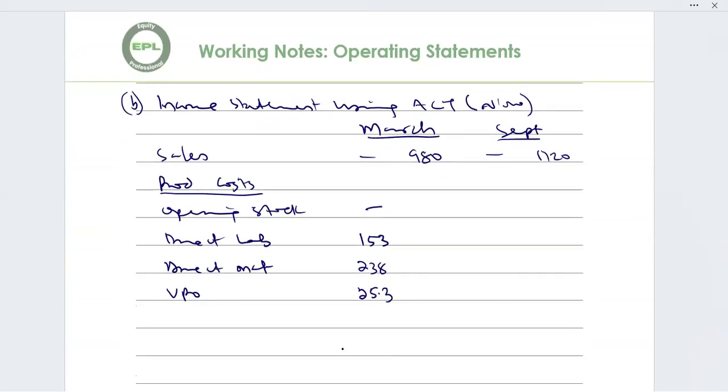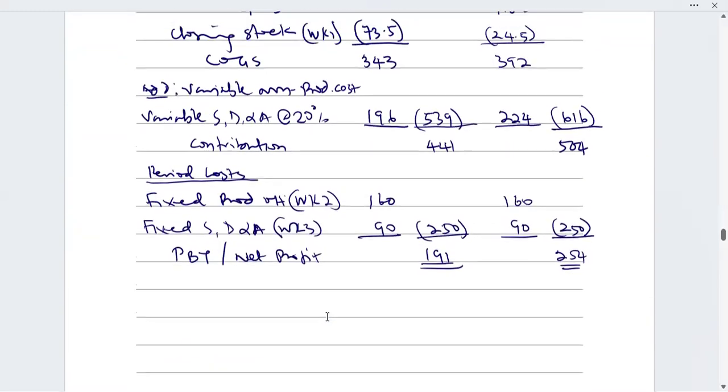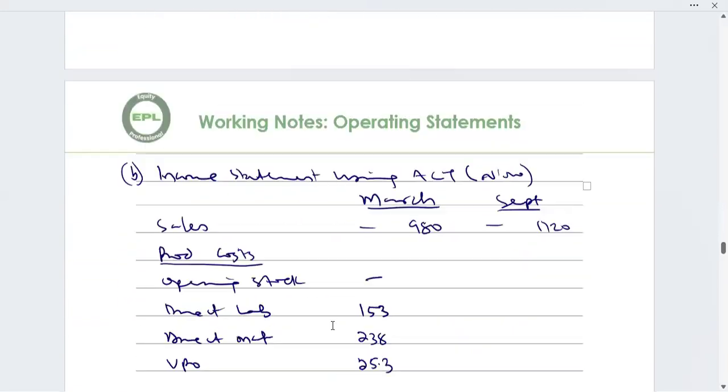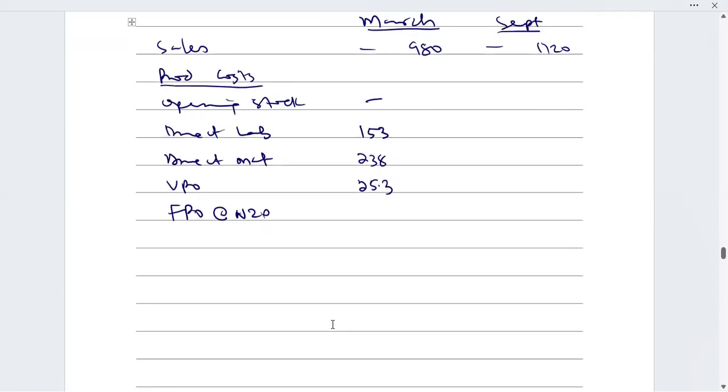Then we have fixed production overhead because we are using absorption, so fixed production overhead is part of production cost. The fixed production overhead is at 20 naira. In March, how many units were produced? 8,500.